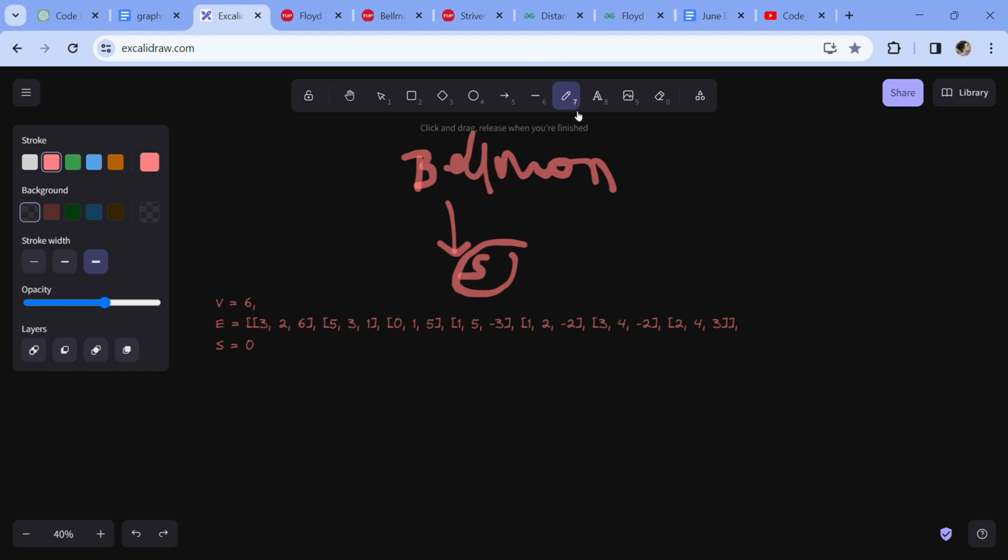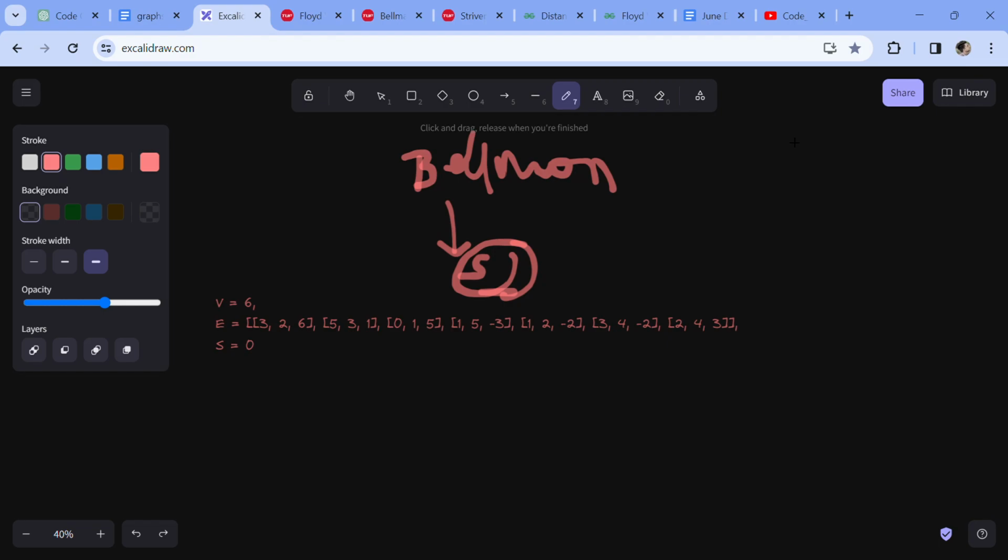It is the same kind of algorithm as Dijkstra, but there are two major disadvantages of the Dijkstra algorithm. The first is that we cannot apply Dijkstra to negative edges. Also, we cannot find a negative cycle in the graph with the help of Dijkstra.